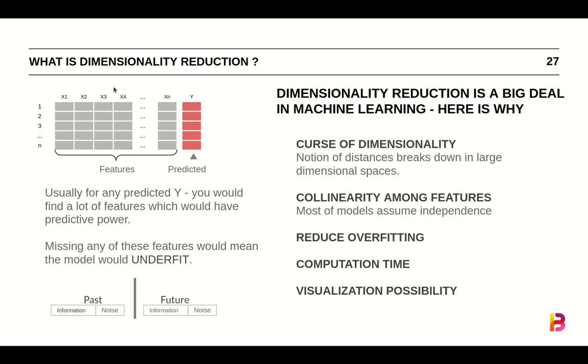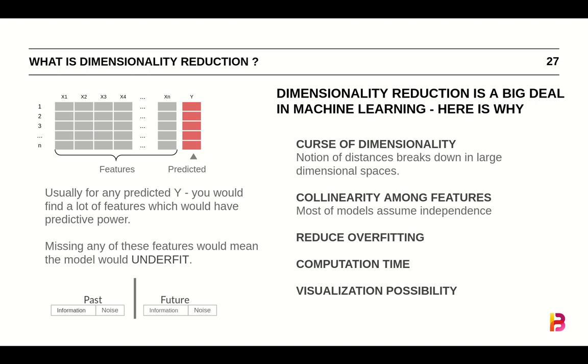Visualization is a very, very important cue in understanding patterns, so that also should not be underestimated. But the combination of all of these, and most importantly the first two, the curse of dimensionality and the relationship amongst the features, make dimensionality reduction a really big deal in machine learning.